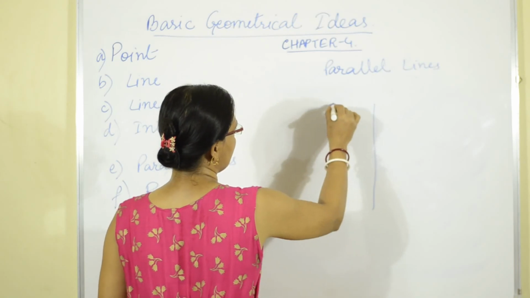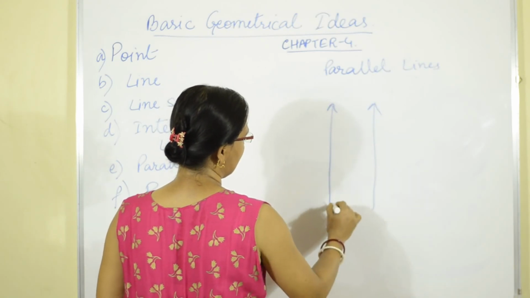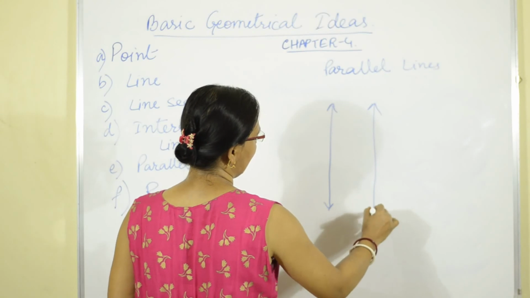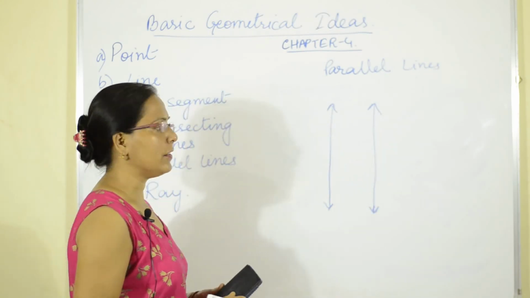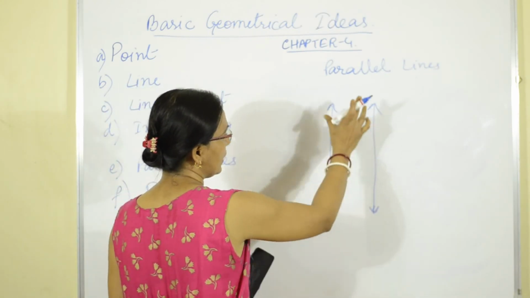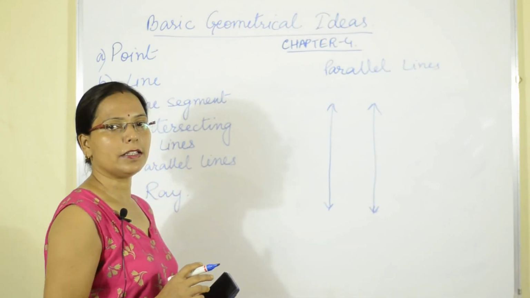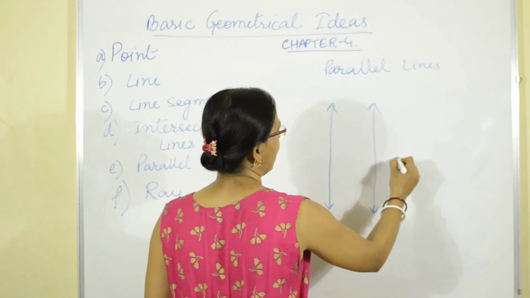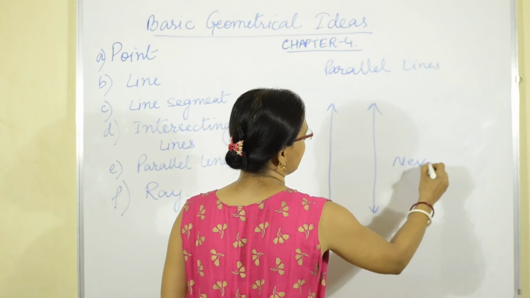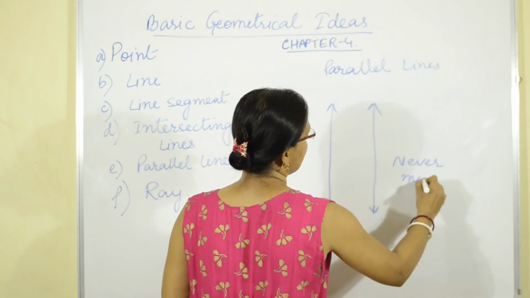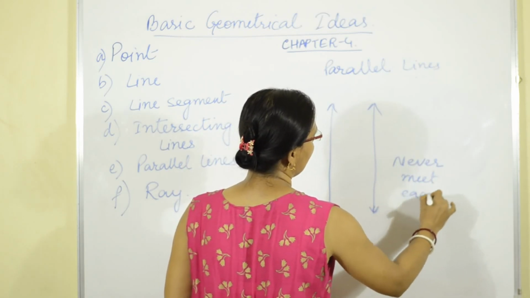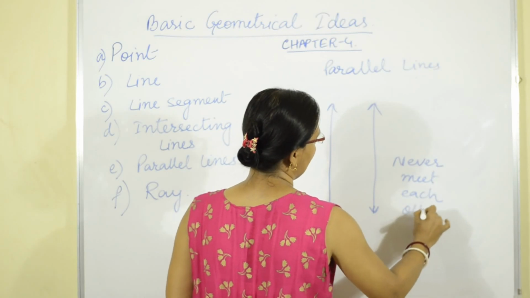They go together on either side. You can say the railway track. When you consider the tracks of the railway lines, they go together but they never meet each other. Those are parallel lines. The ones that never meet each other are called parallel lines.